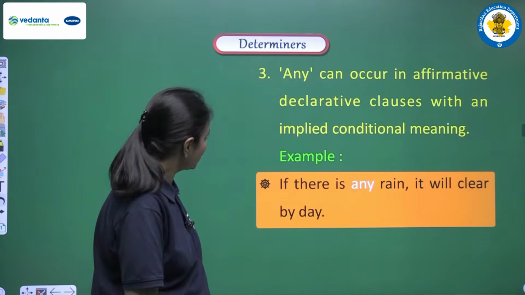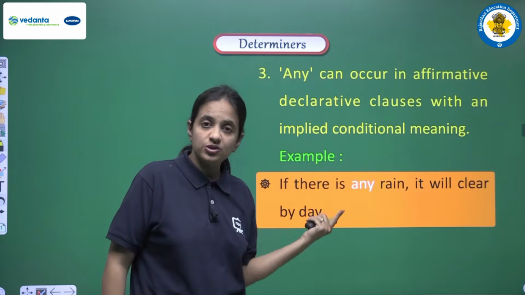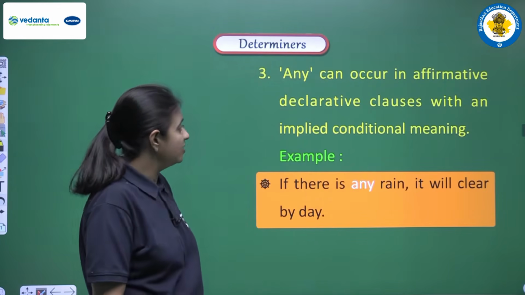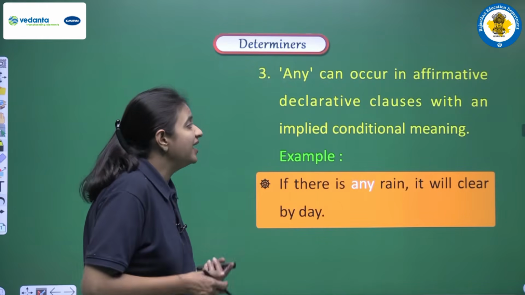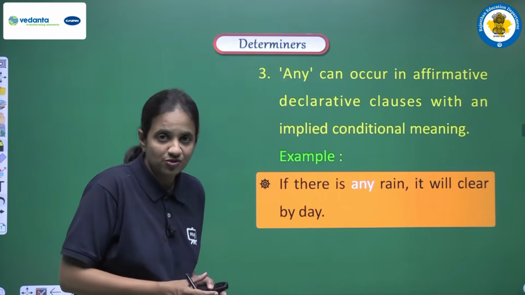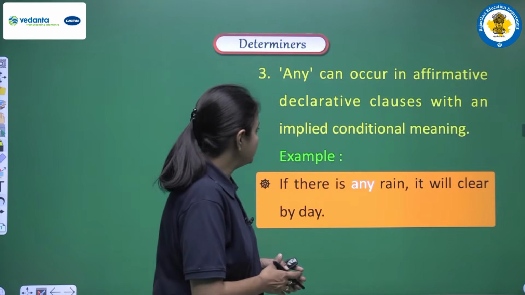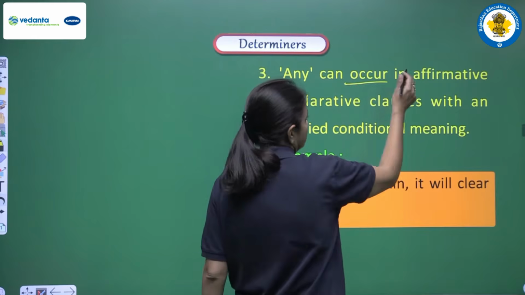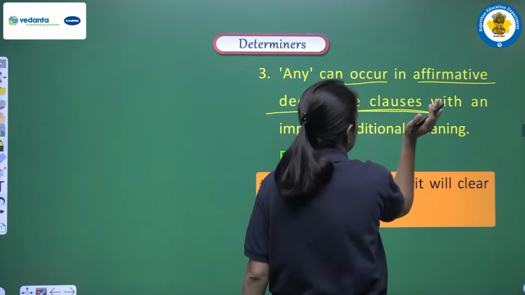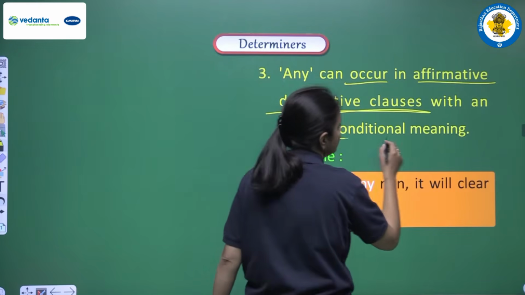Clear? Next we have the third use. So let's see. Any can occur in affirmative declarative clauses with an implied conditional meaning. So now we have one more use of "any." It can come in affirmative declarative clauses if we have a conditional meaning.